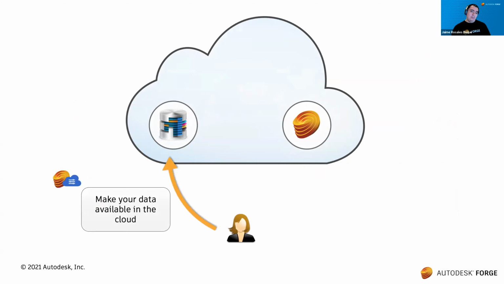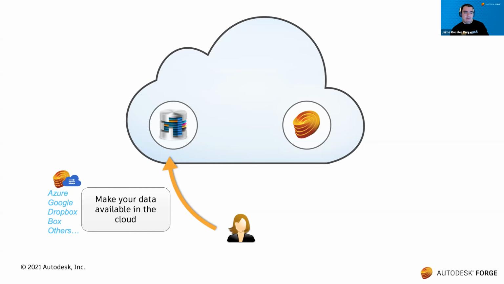So we need to make our data available in the cloud, and this can happen through different kinds of storage services. It can be the Forge Object Storage Service, BIM 360, Azure, Google, Dropbox, Box, AWS, whatever you prefer.